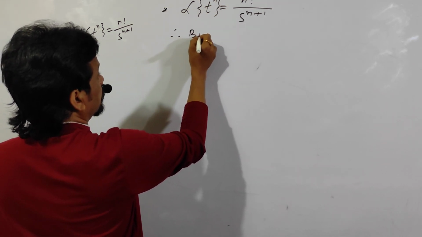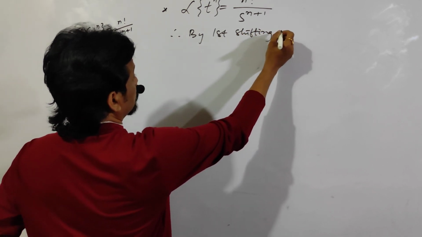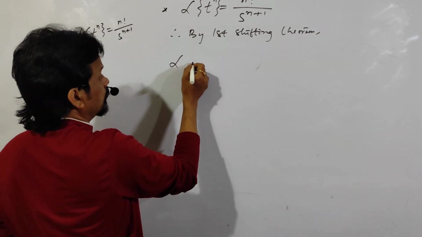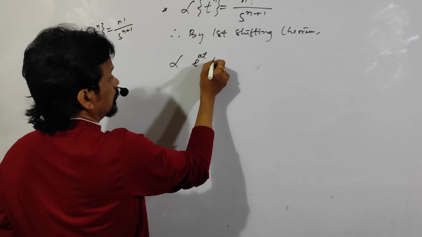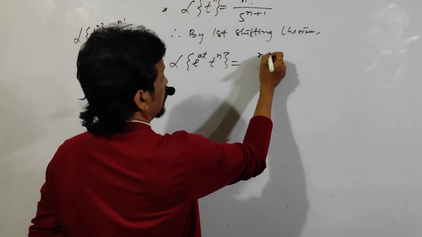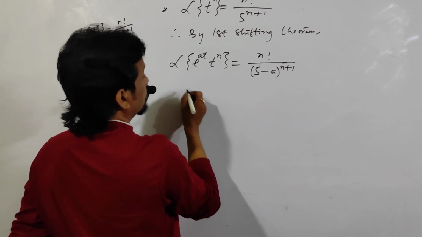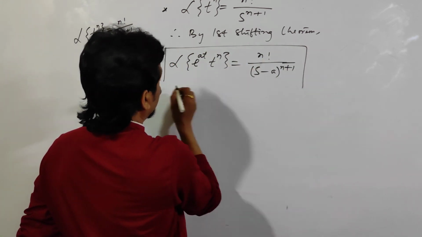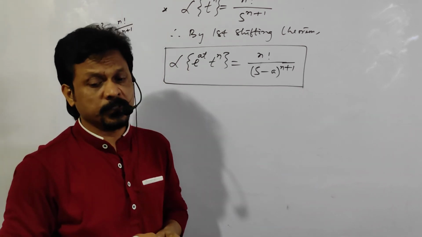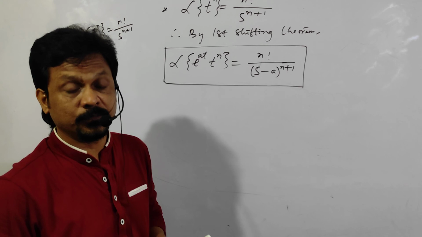So therefore, by first shifting theorem, Laplace of e to the power at into t to the power n is factorial n divided by s minus a to the power n plus 1. So this is your formula. And you can apply this formula directly also for 1 mark questions. For any competitive exams, for NET, GATE or for entrance, you can apply this formula directly.